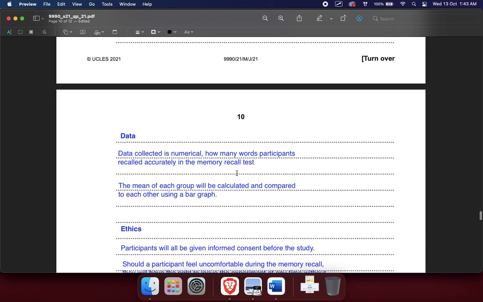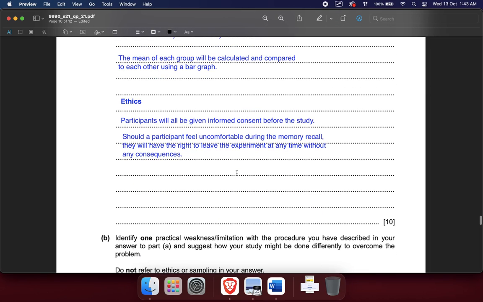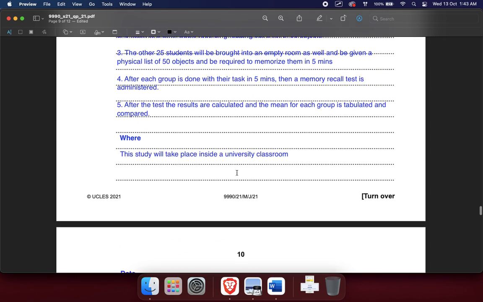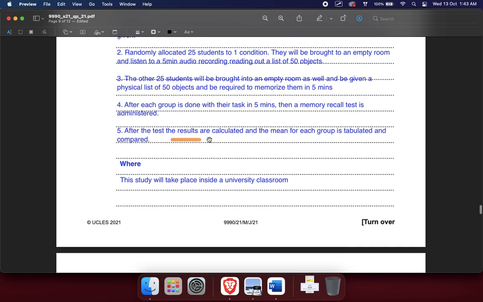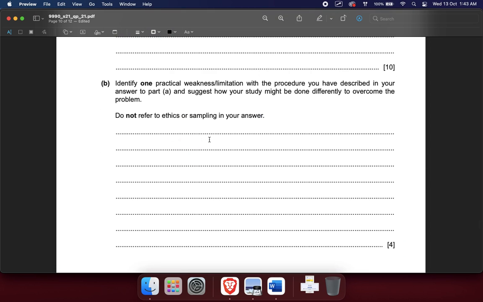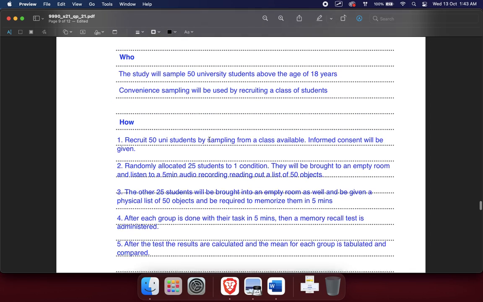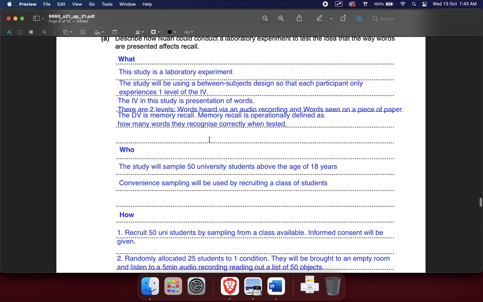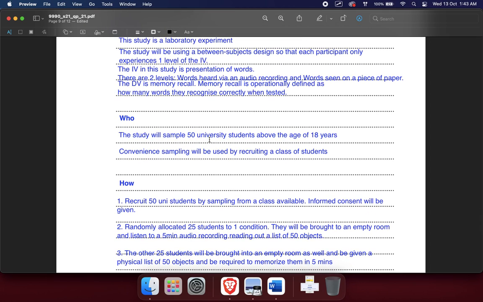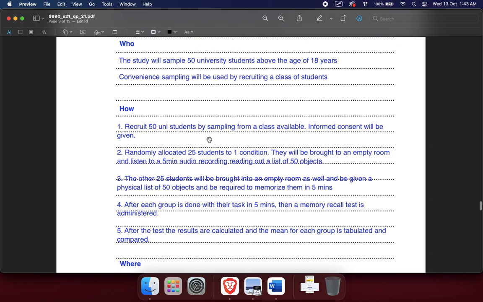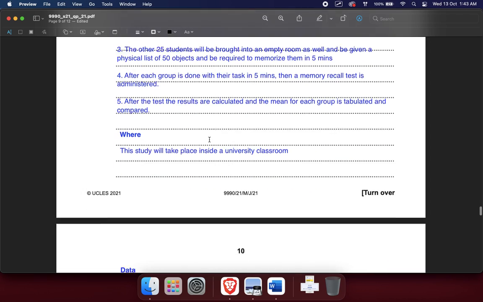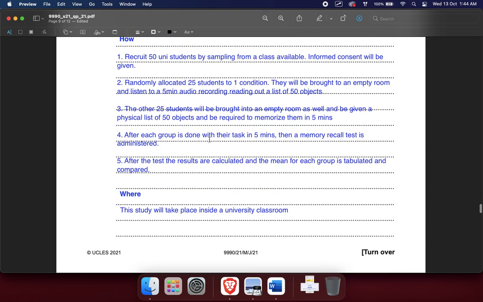So let's choose something here. Let's see. Oh, okay, so I could talk about the audio recording. Okay, no, let's not talk about audio recording. Let's talk about another weakness. What can we use here? Sampling is always the easiest one. Ethics is also really easy. I'm trying to think of an easier answer that I could give.